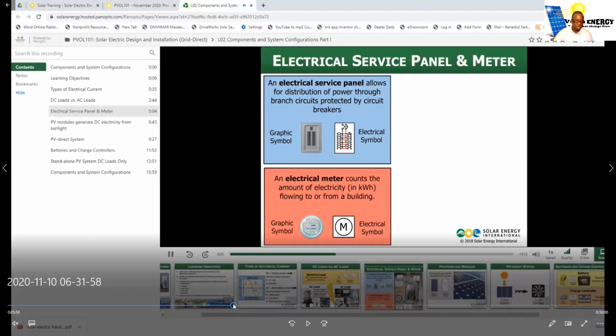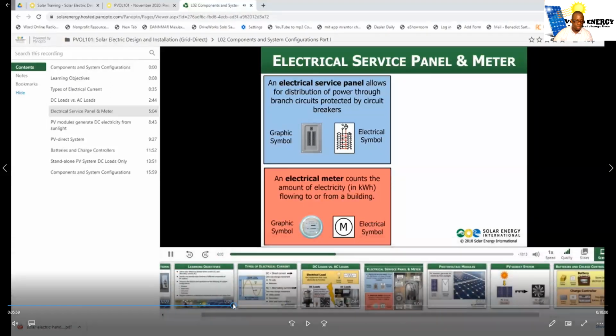An electrical meter counts the amount of electricity in kWh, that is kilowatt-hours. So your devices use kilowatt-hours. When you're buying a device, one of the most important things to check is a small sticker.